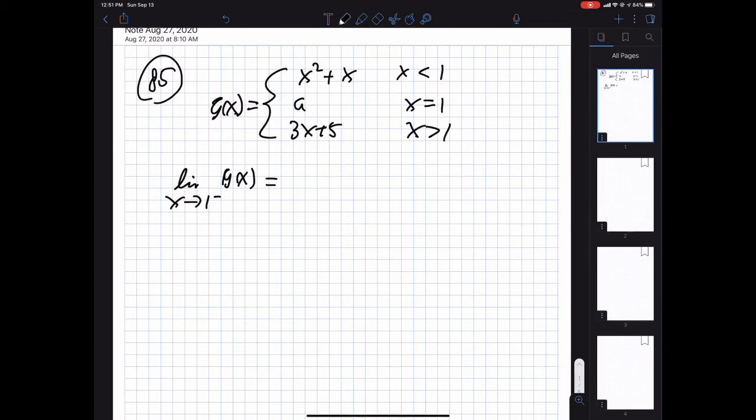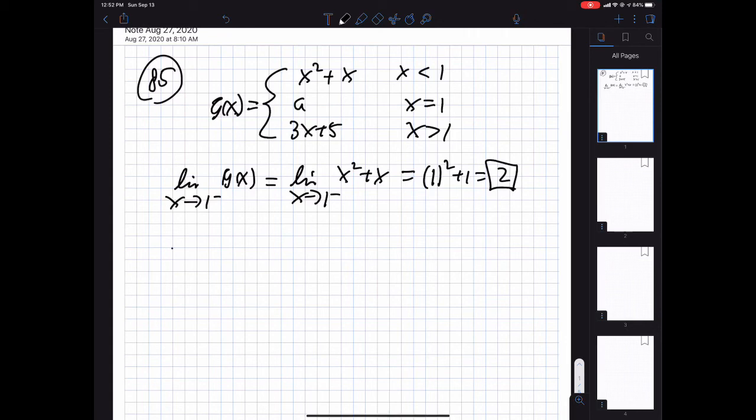So we will use the limit as x approaches 1 from the left of x squared plus x. Now this is a polynomial, therefore it is continuous. How do you find the limit of a continuous function? By definition, for a continuous function, the limit equals the value at the point. So very simply, we just plug in 1, and we get 2 as the limit from the left.